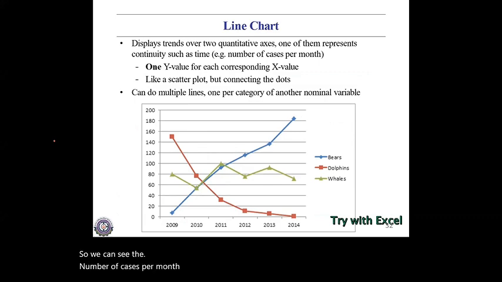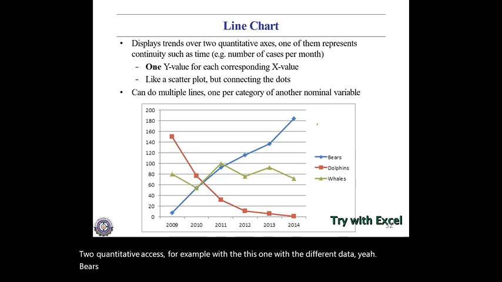Or anything that represents the relationship for two quantitative axes, for example, with different data: bears, and then dolphins and whales.